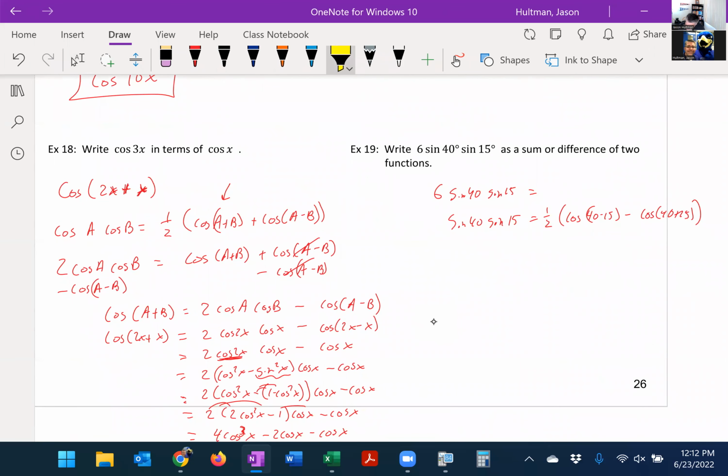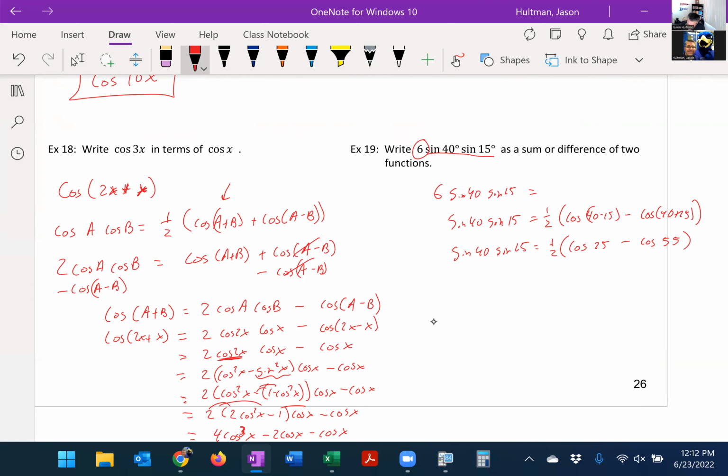So 40 minus 15 is 25. So sine of 40 sine of 15 is equal to 1/2 cosine of 25 minus the cosine of 55. Now, this isn't just the sine of 40 sine of 15, it's really 6 times that.